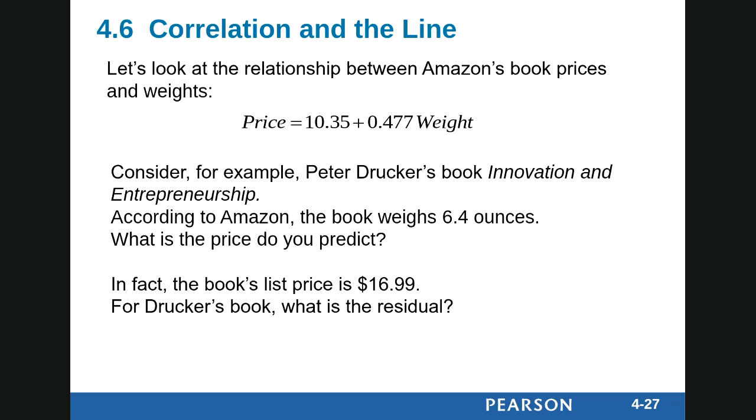Price is y hat, and that's equal to b0 plus b1 x. So y hat equals 10.35 plus 0.477, and the book weighs now 6.4 ounces. So what should my predicted value be?